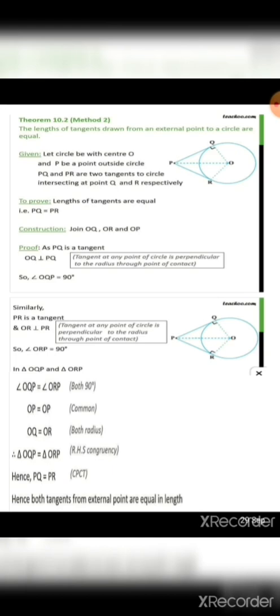The circle is drawn with center O, and P is the point outside the circle. From P we can draw two tangents PQ and PR, and the lengths of these two tangents are equal. That you are supposed to prove.